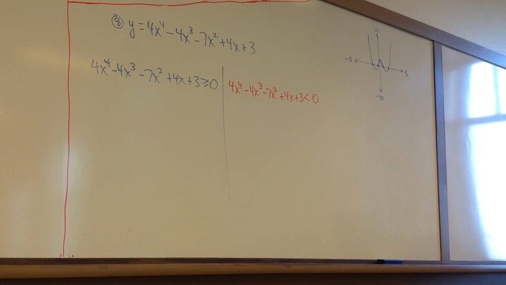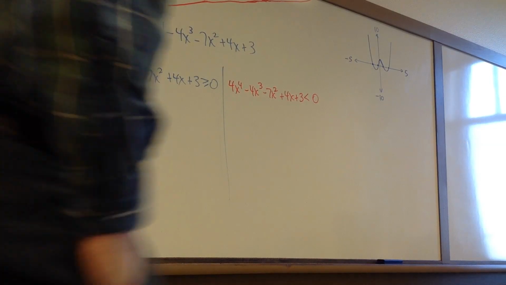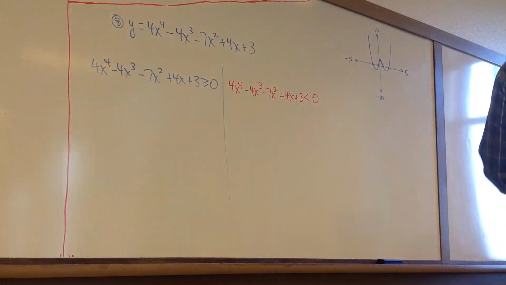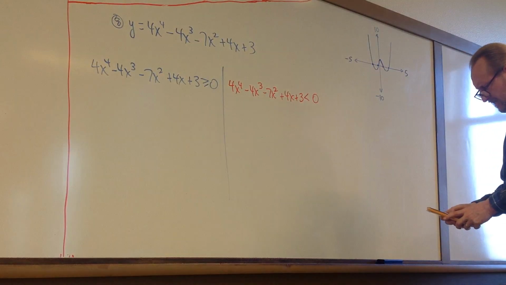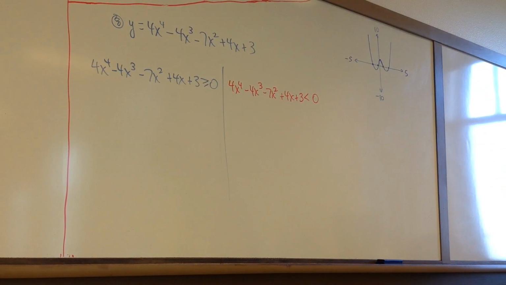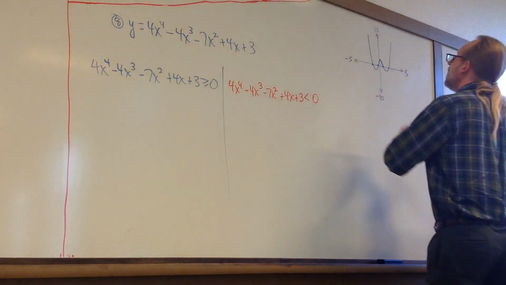So let's see here. Okay, there we go. So let's identify these roots. Yeah, so that one on the far left is at -1.